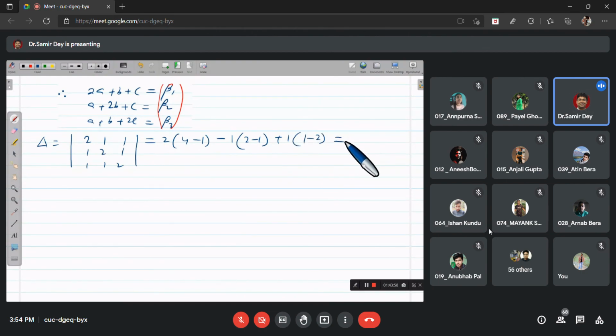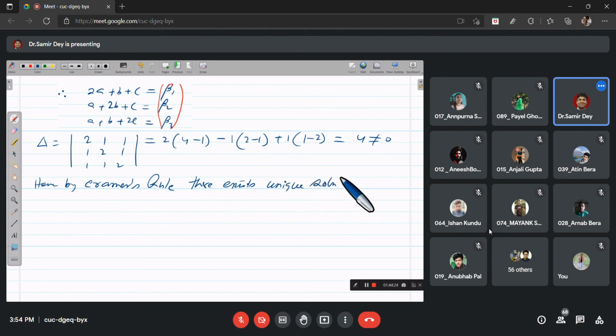Correct? That is 4, not equal to 0. Hence by Cramer's rule, there exists a unique solution for A, B, C.